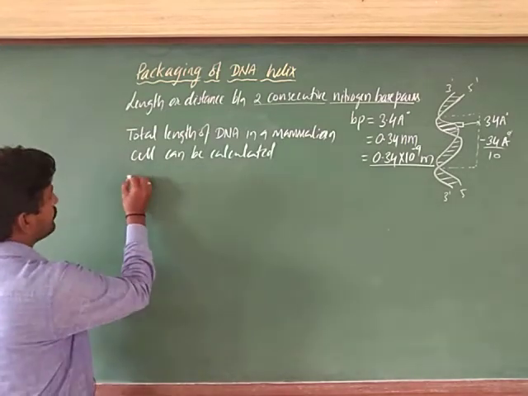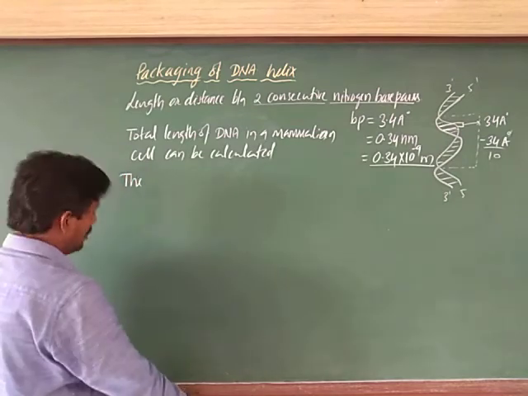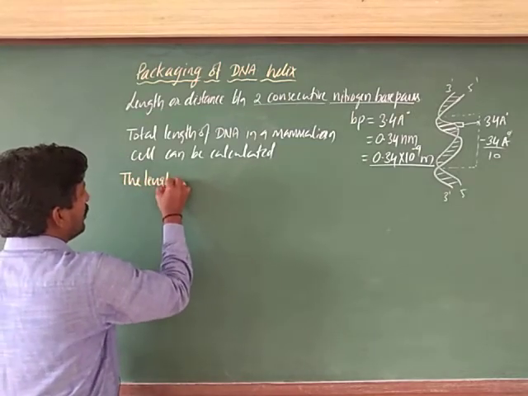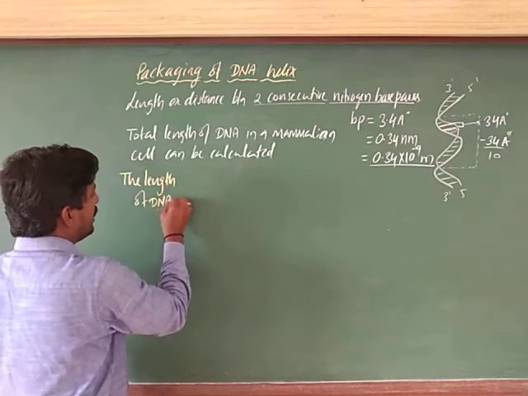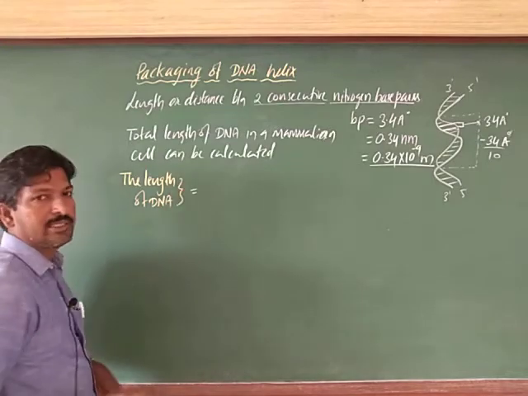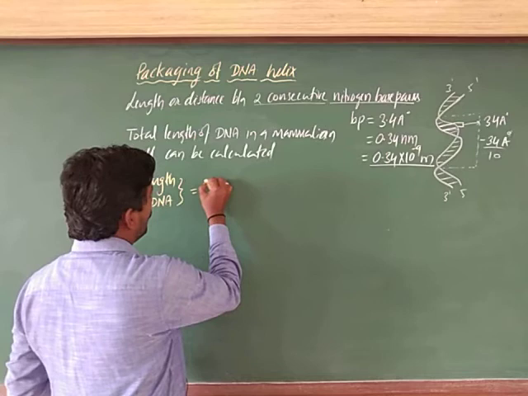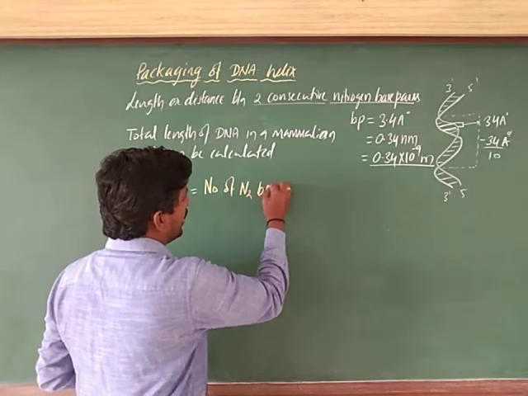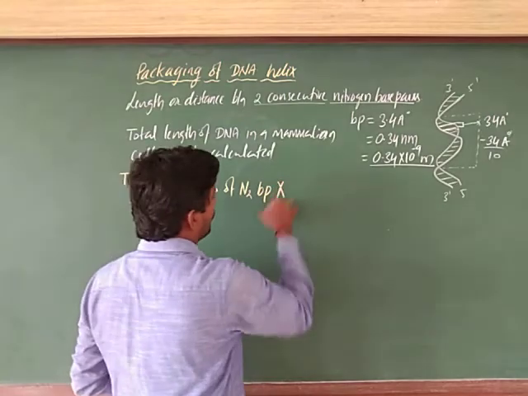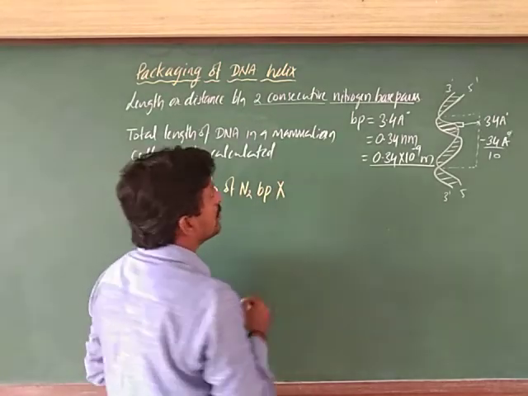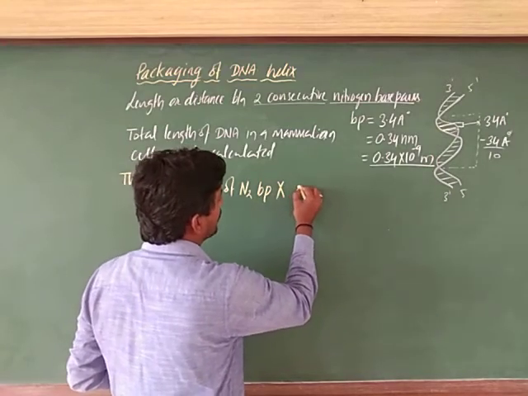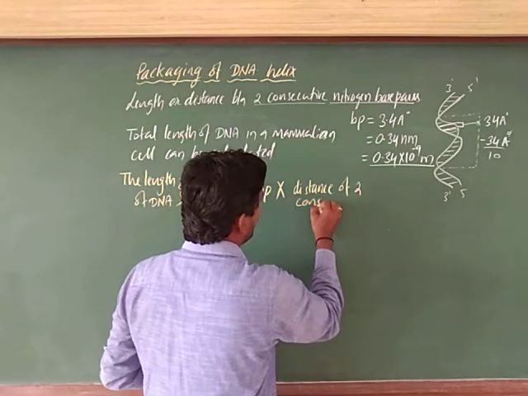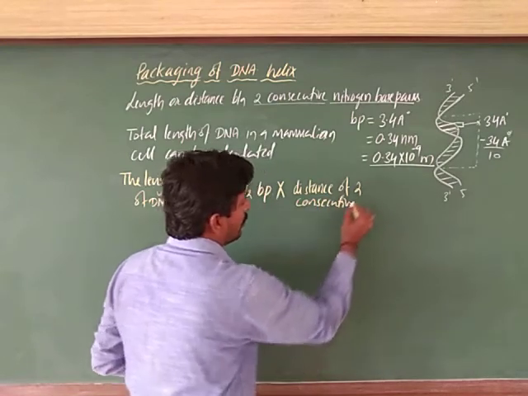The length of DNA is equal to the number of nitrogen base pairs multiplied by the distance between two consecutive BPs.